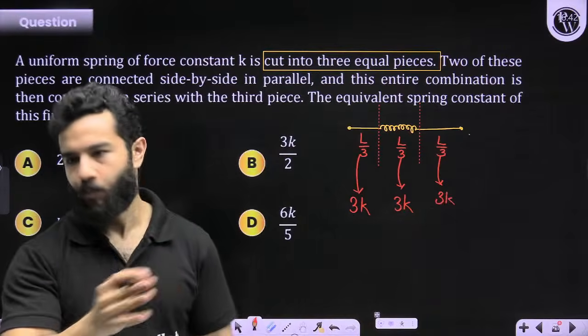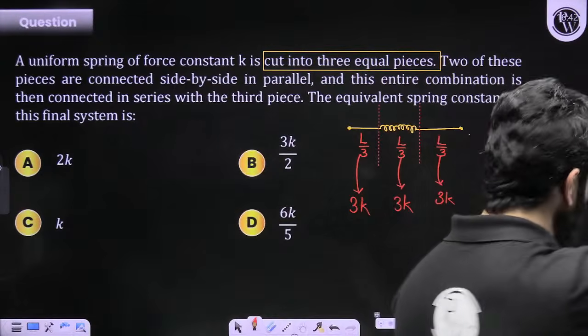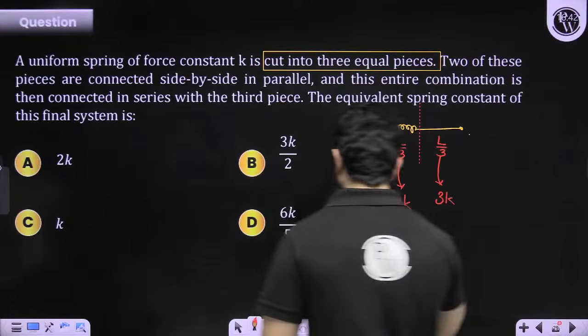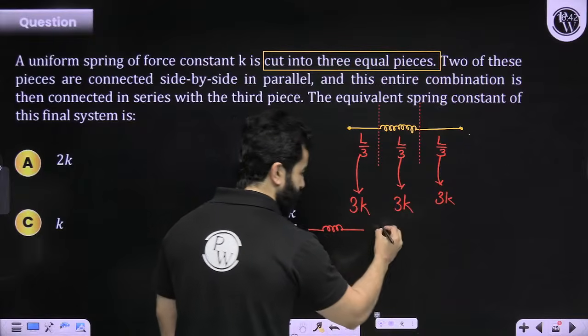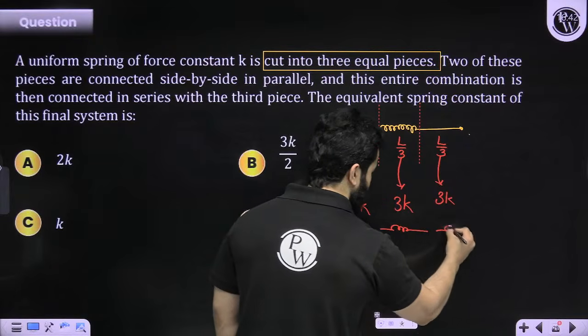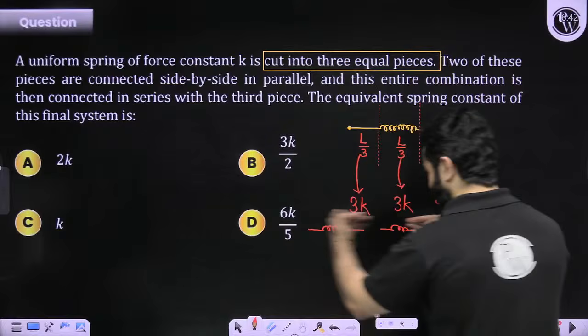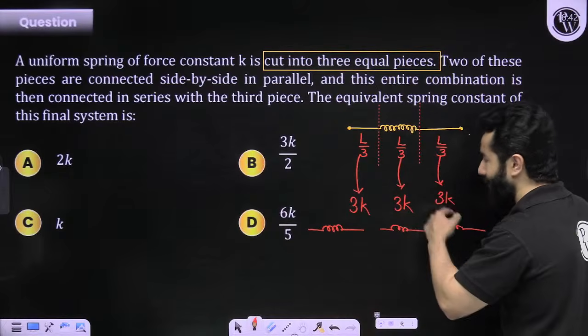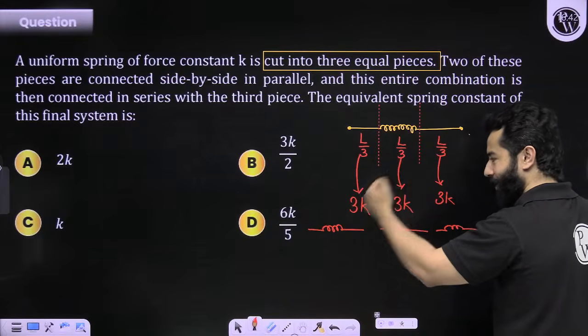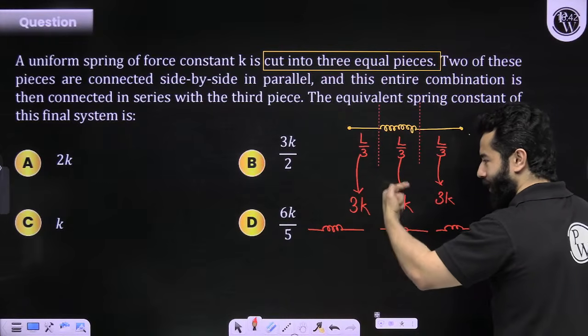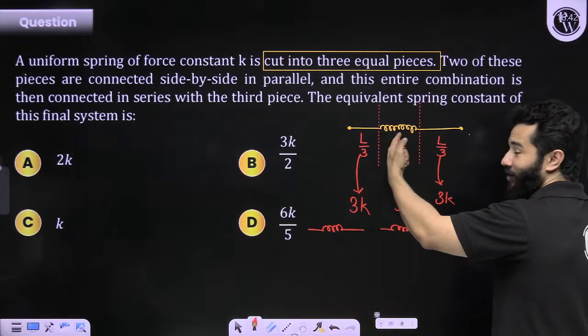Note this point. And if you want to understand how this works, remember that if you have 3 different springs of spring constant 3K, 3K and 3K, and you join them in series, you get this one big spring, right? And the spring constant will be 1 upon 3K, 1 upon 3K, 1 upon 3K. I'm talking about K equivalent.